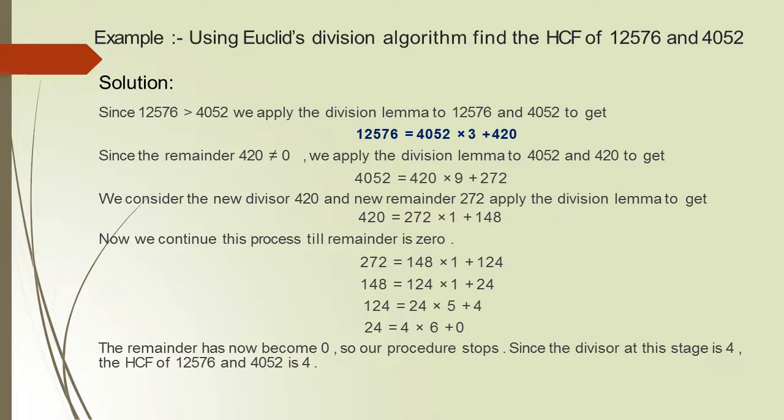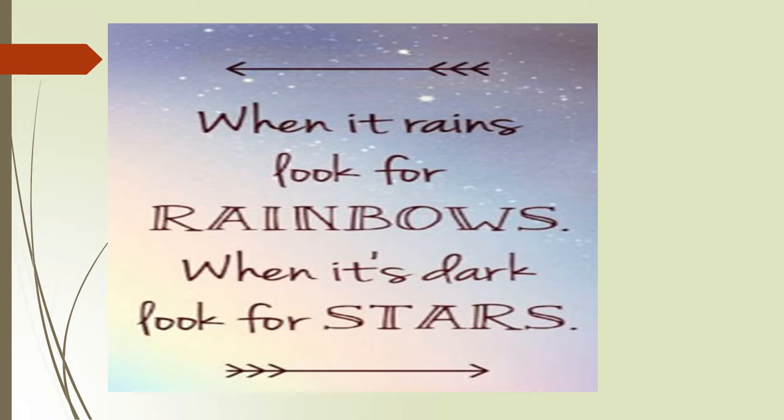So every time we are making the remainder as b and multiplying it with the quotient, and then we apply the division lemma. So 24 is equal to 4 into 6 plus 0. So the HCF of 12,576 and 4,052 is 4.